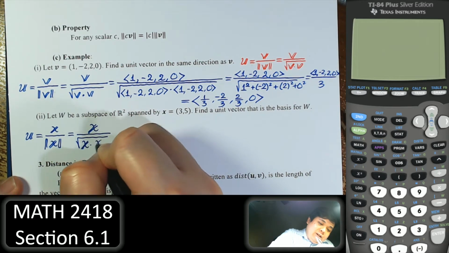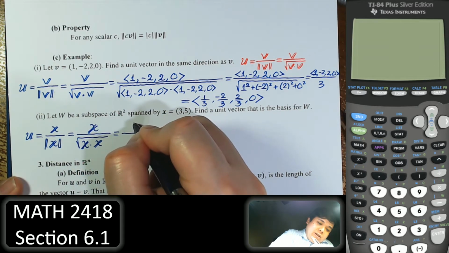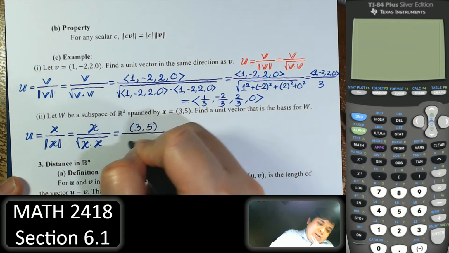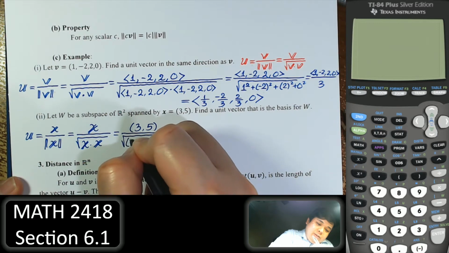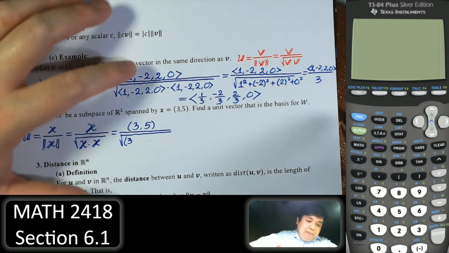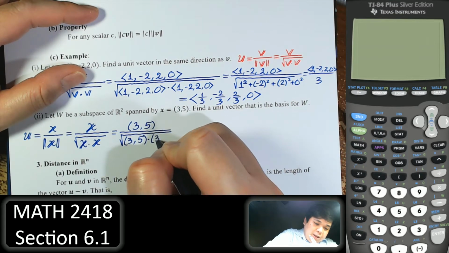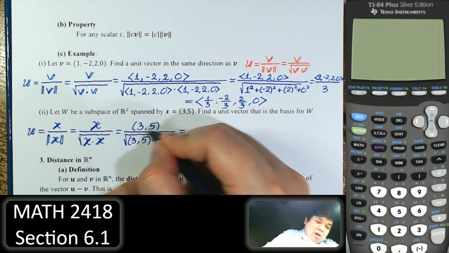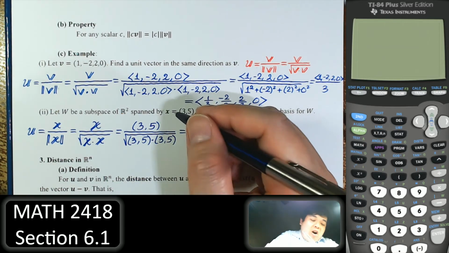The square root of x dot x, which is 3 and 5. Yeah, like I said, don't get hung up with the notation. Just something that denotes that we have a bunch of components, some way to organize them, is fine.